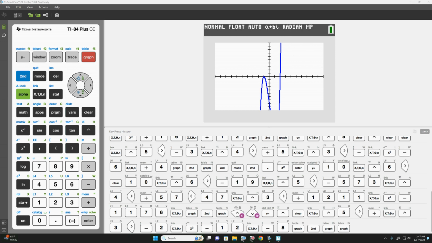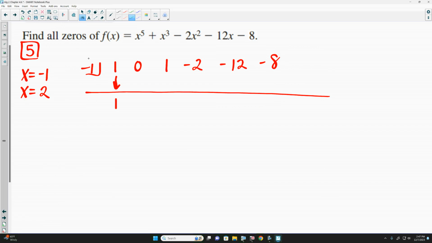Now, the way we can check that is plugging it in multiple times and seeing if we get a remainder of 0. We do know it'll work once, so we can use negative 1 first. Negative 1 times 1 is negative 1. 0 plus negative 1 is negative 1. Negative 1 times negative 1 is 1. 1 plus 1 is 2. Negative 1 times 2 is negative 2.